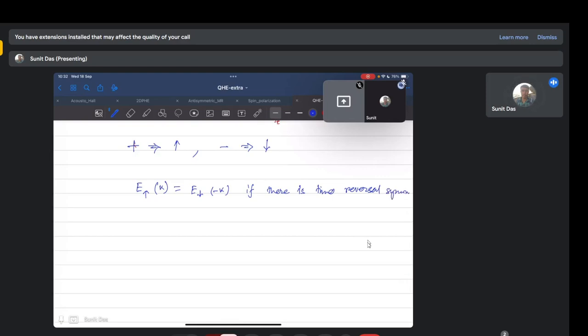If there is any time reversal symmetry of the system, we have already discussed at length quite a few times that the Chern number will be 0, right?